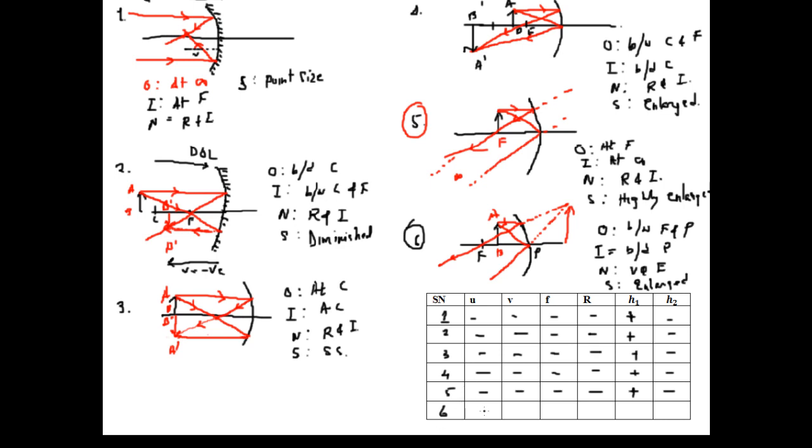The object is at infinity. Let's say this is the object which is at infinity. Any ray coming from infinity, parallel to the principal axis, what do you know? It will pass through focus. So this is F.